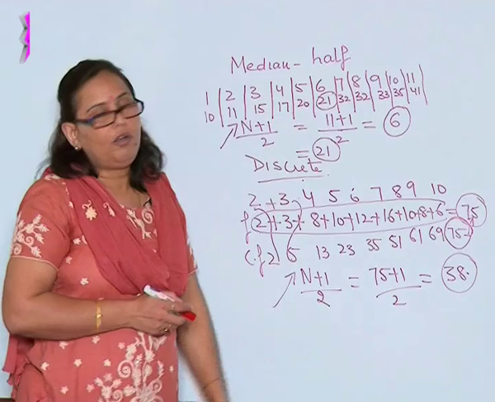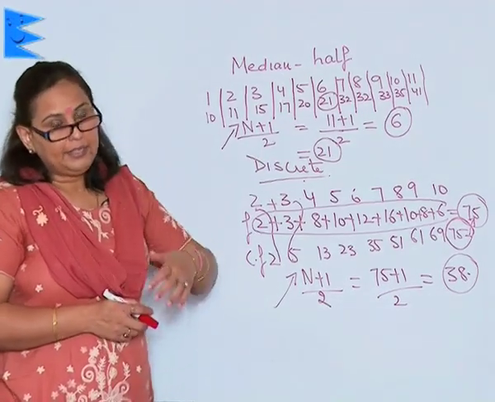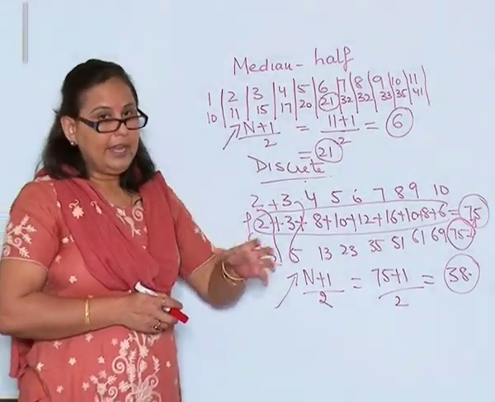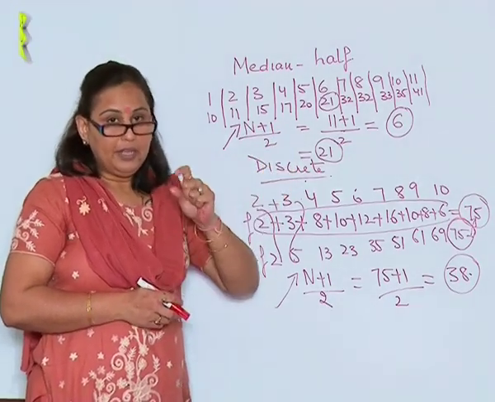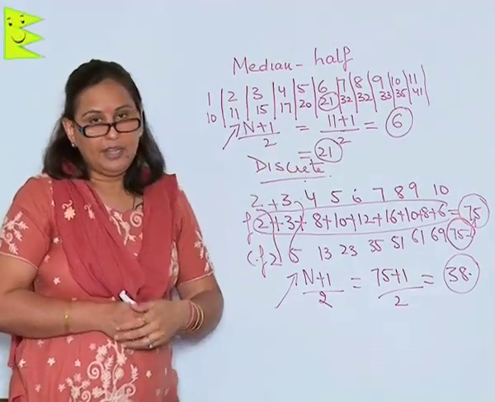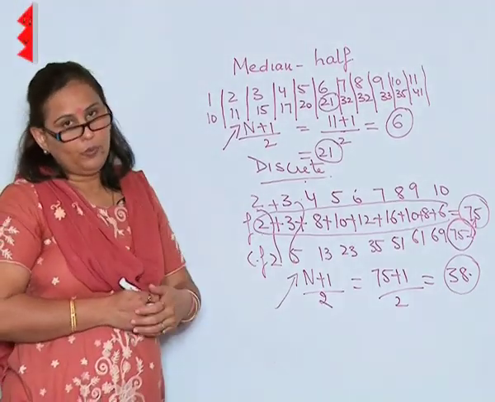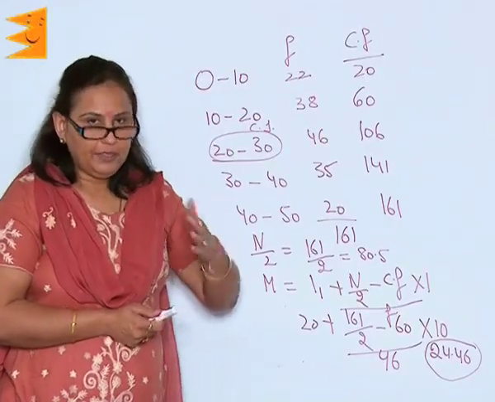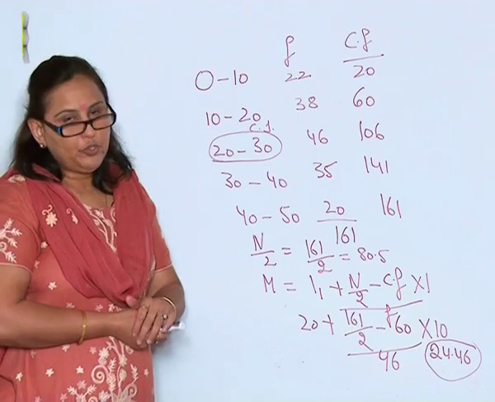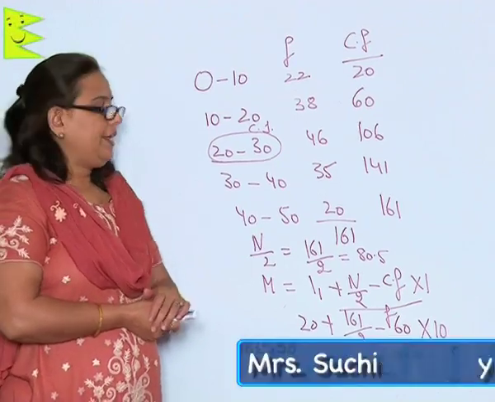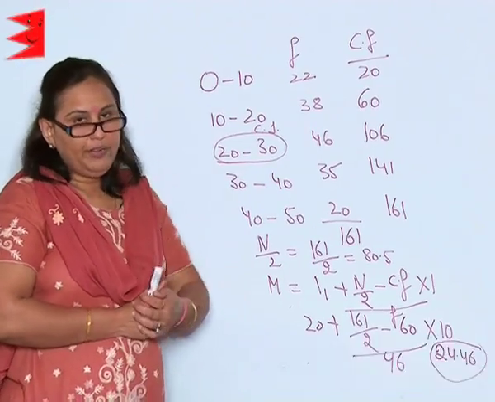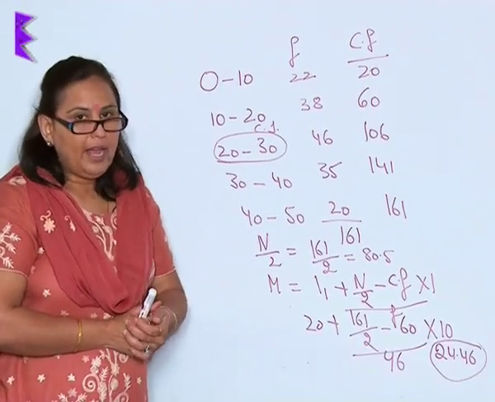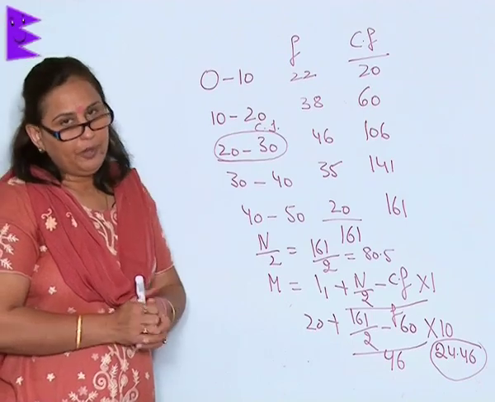Now I talk of the third of its kind, and that is the continuous series, the same kind of series we had in the mean. In the continuous series, as we have already seen, there are only ranges, the class intervals, and the exact marks are not there.